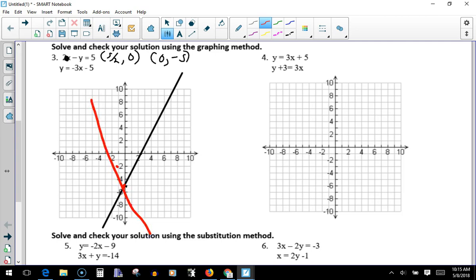Wow, that is a horrible line. Not even close. Try going this way. Well, either way, it's obvious where it intersects at negative 5 because we have that point right here and right here. So the intersection is at 0, negative 5.